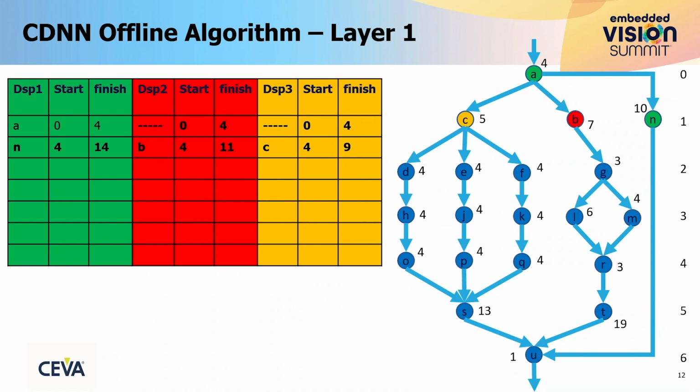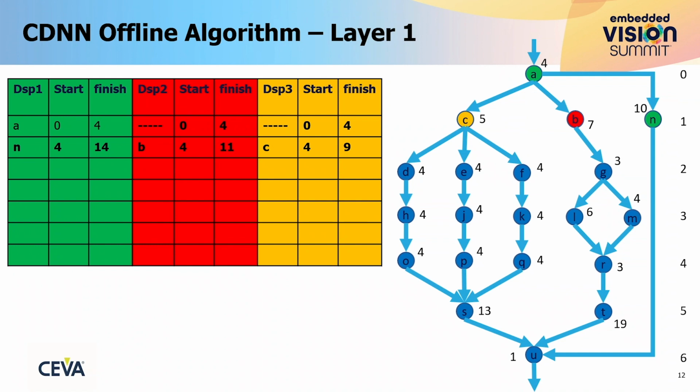Moving on to the second slice, we have 3 layers and also 3 cores, so no problem. We can continue and assign: N is assigned to the green, B to the red, C to the yellow, and we can see that they will finish at timestamps 14, 11, and 9 respectively.